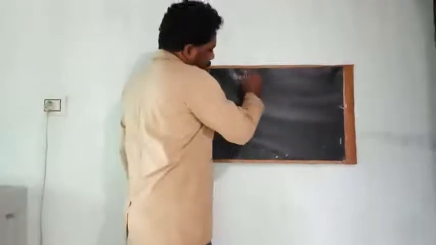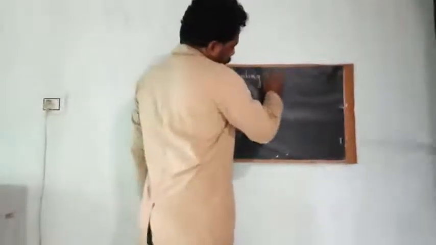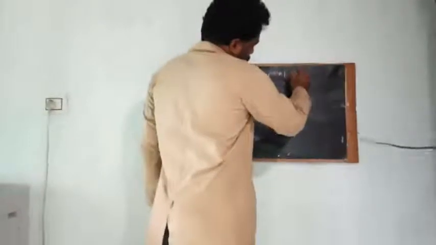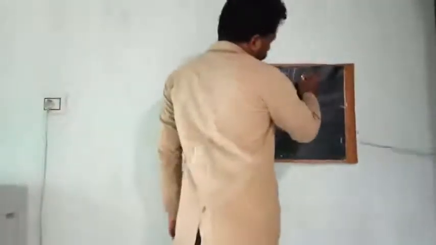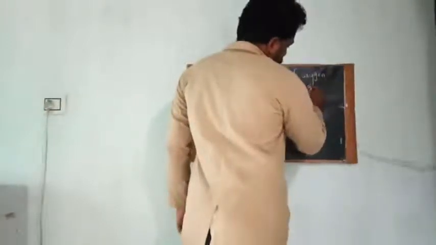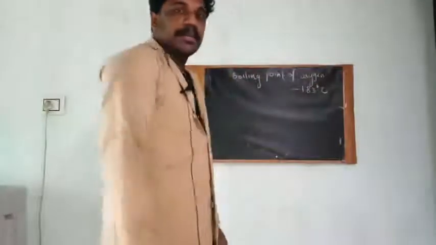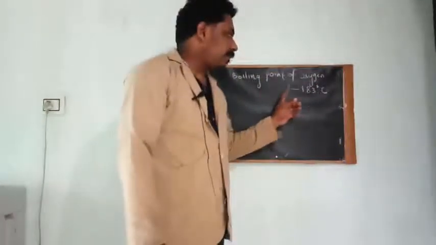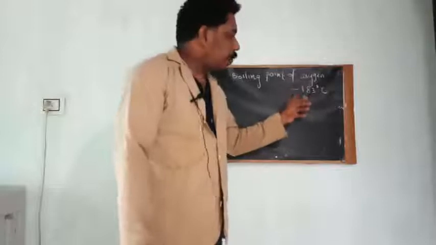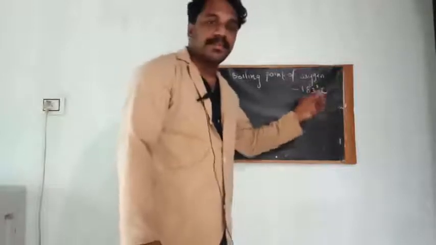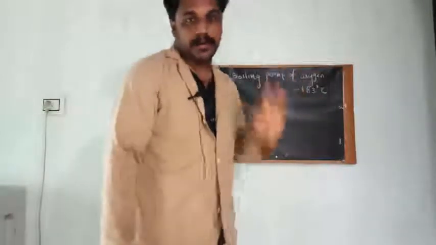Boiling point of oxygen is minus 183 degrees Celsius. So you just understand, if you cool this gas below minus 183 degrees Celsius, it will be liquefied, it will become liquid.